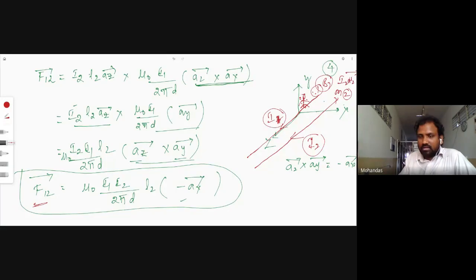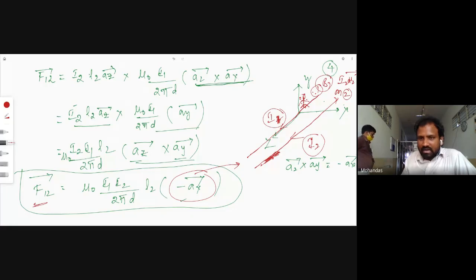Conductor 2 current is I2 DL2. The force on conductor 2 due to conductor 1, the direction of the force is minus AX. Now this conductor is going to move in a particular direction. That unit vector represents that force. Now can you guess in which direction this conductor is moving?